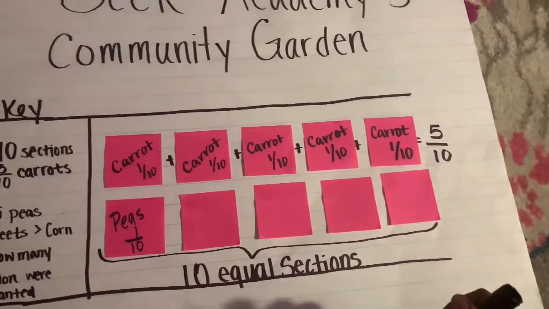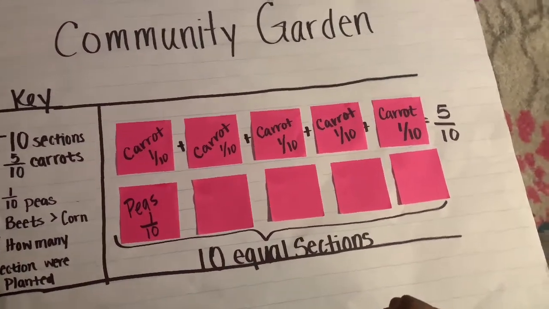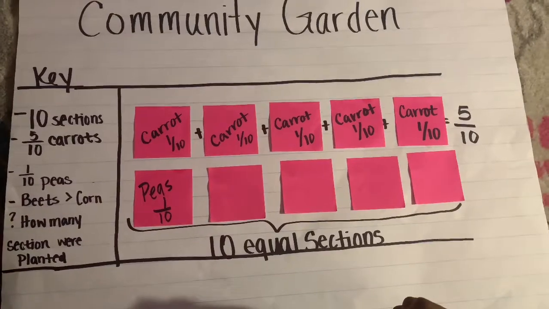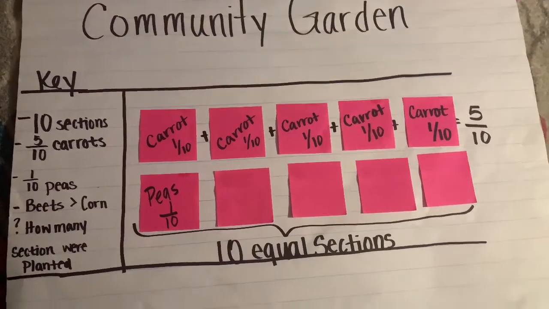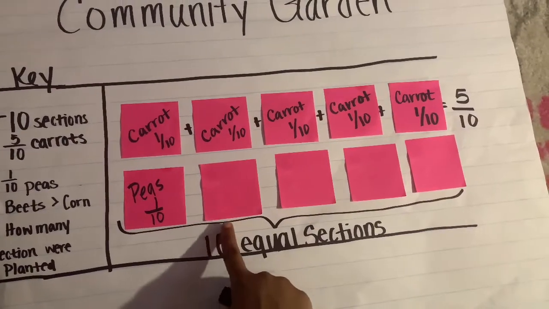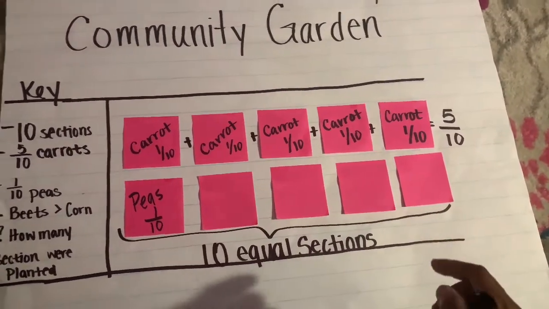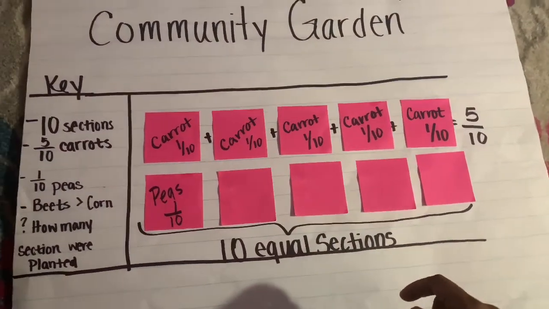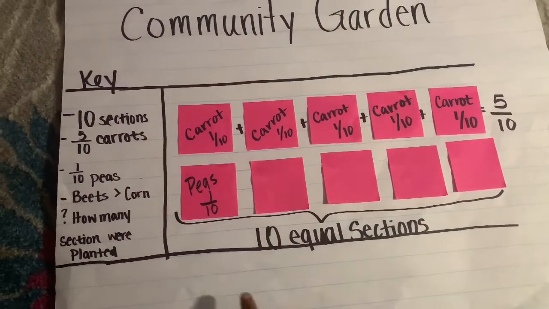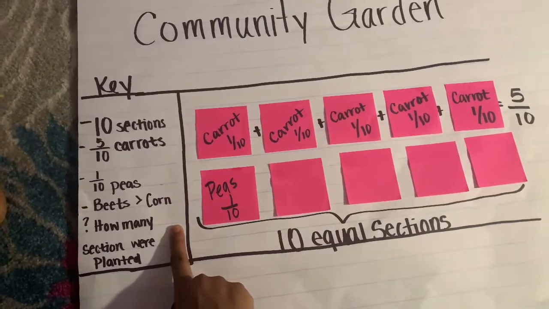If you notice, I'm labeling what fraction of the garden each vegetable takes up. Now I'm left with how many sections? I'm left with 4 sections. I can look back at my key box. Do I have any more information that tells me what to plant?